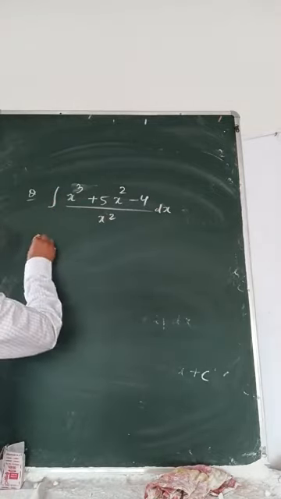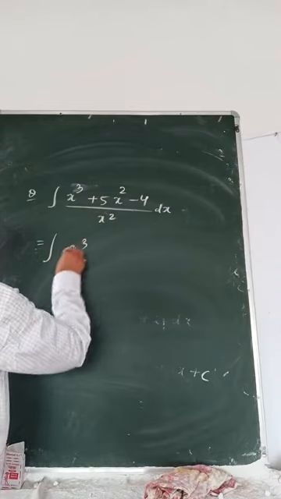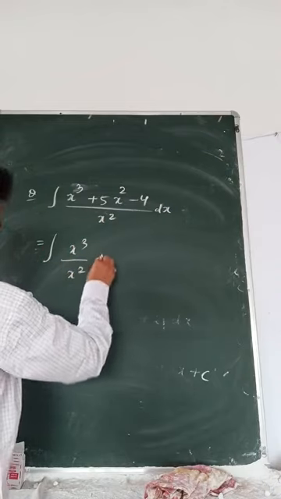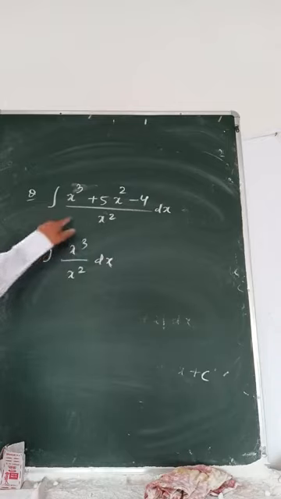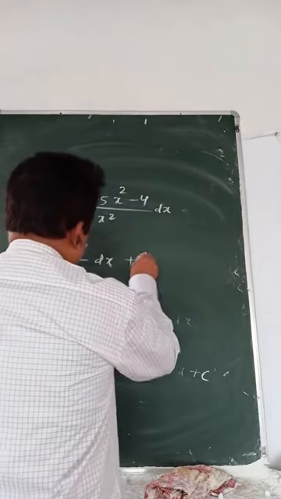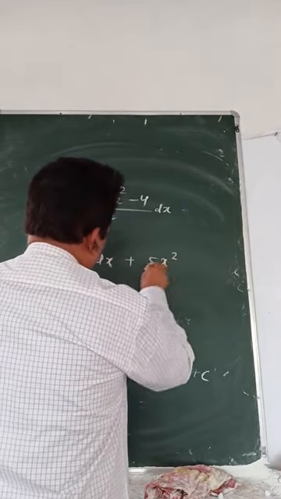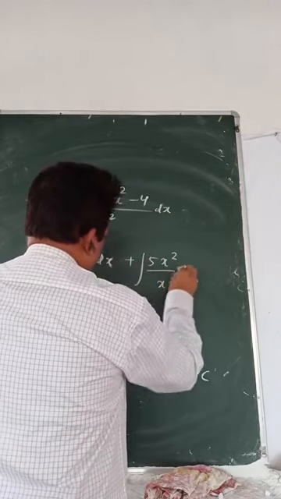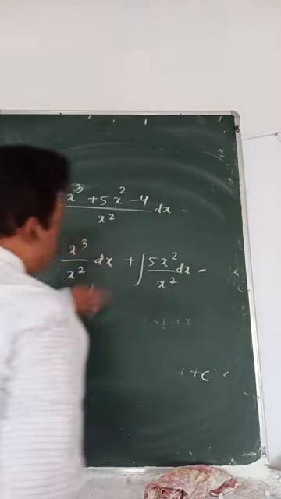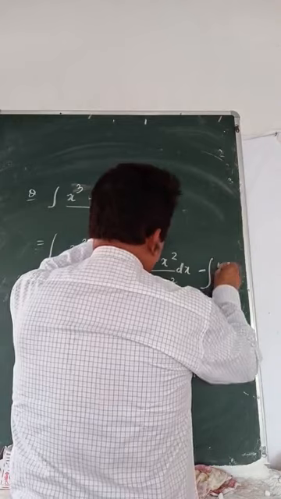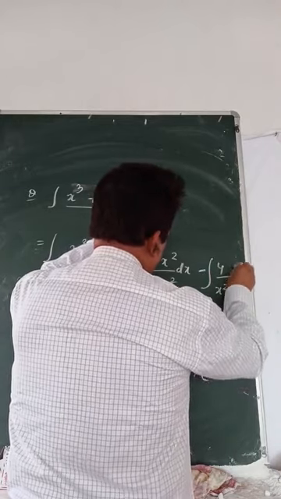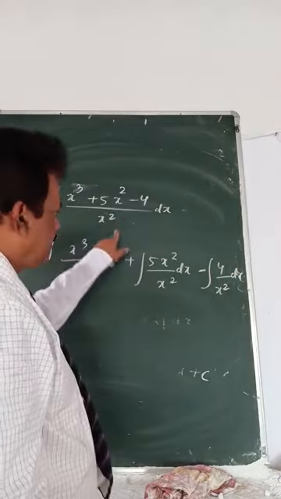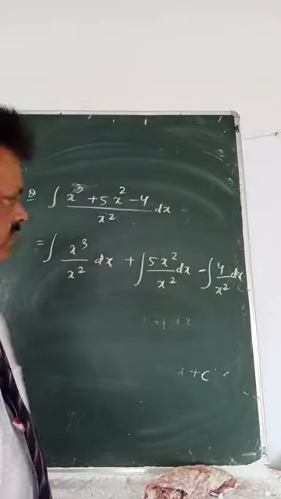So it becomes x cube by x square dx, we can do a separation, plus 5x square by x square dx, minus 4 by x square dx. Okay, we will do a simplification.